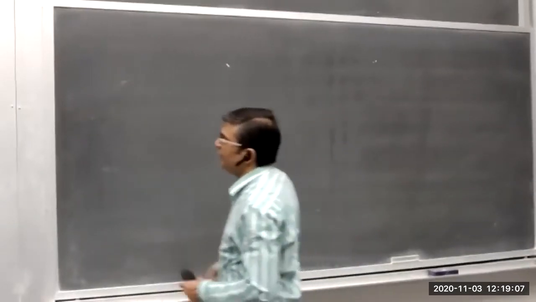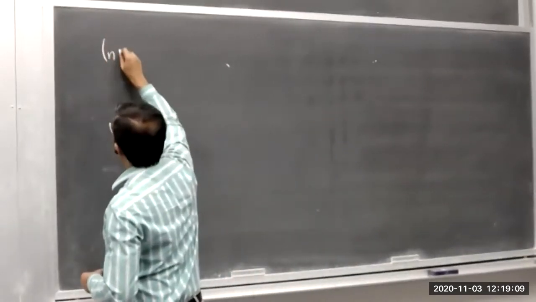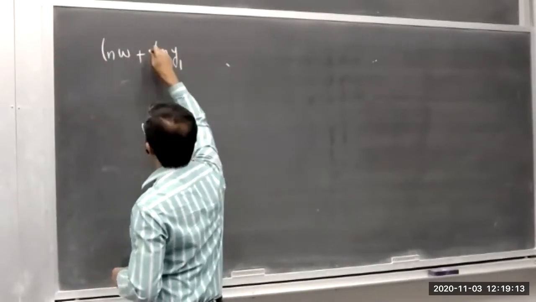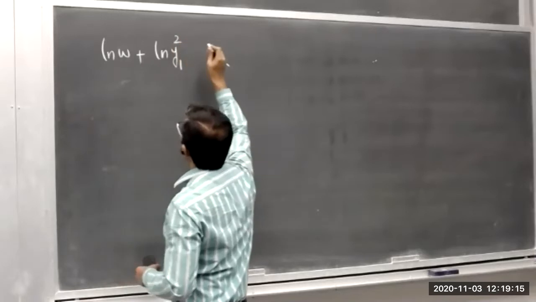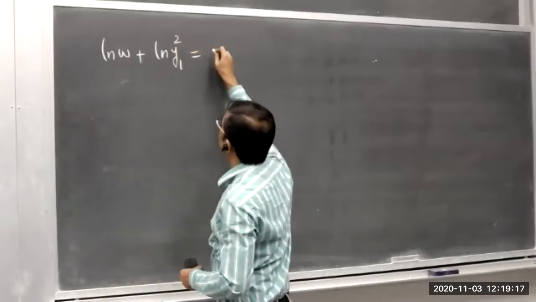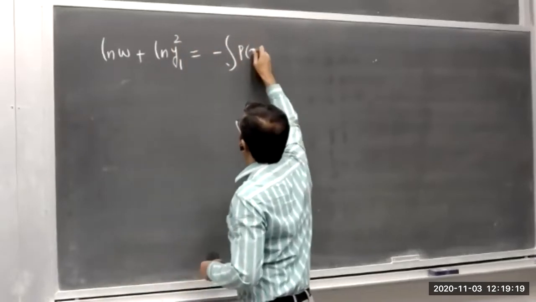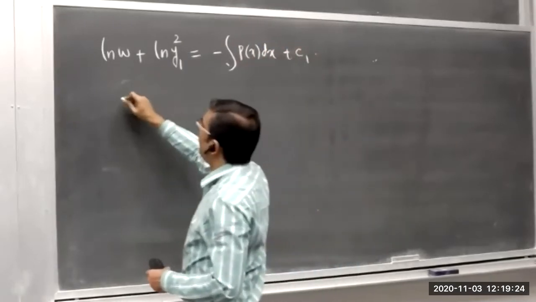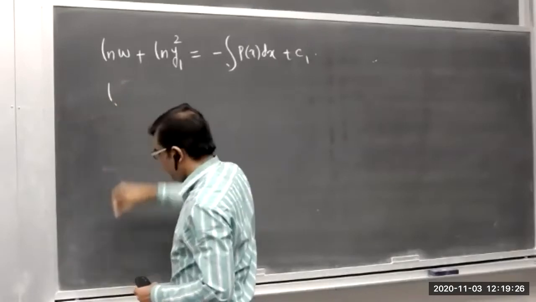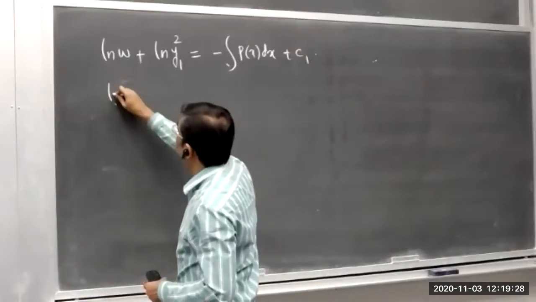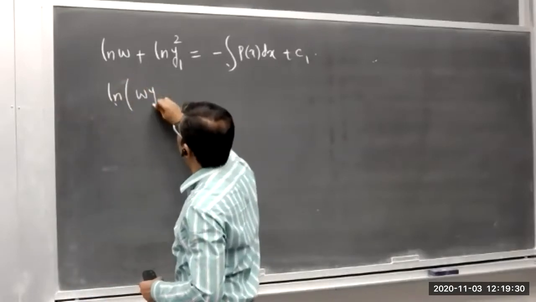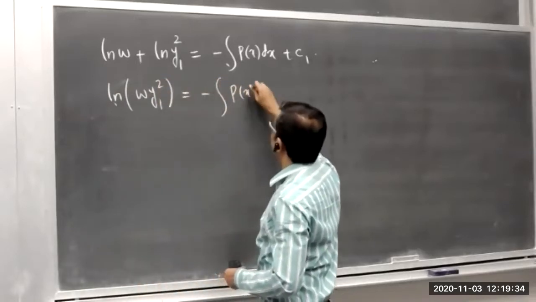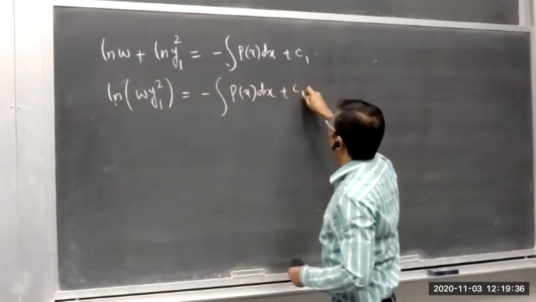From there, we can write natural log of w plus natural log of y1, the 2 here comes into the power, is equal to negative integral of p of x dx plus c1. Now again we can write here natural log of w into y1 square is equal to negative integral p of x dx plus c1.